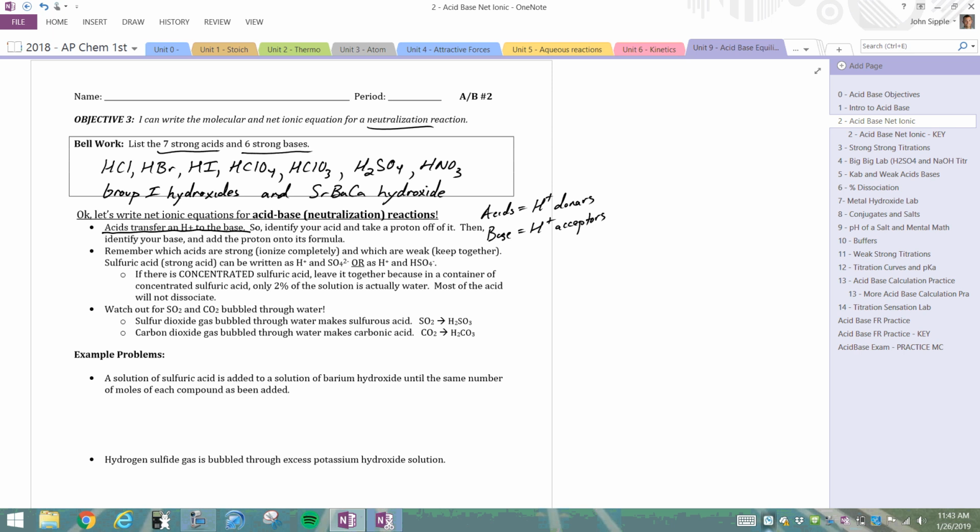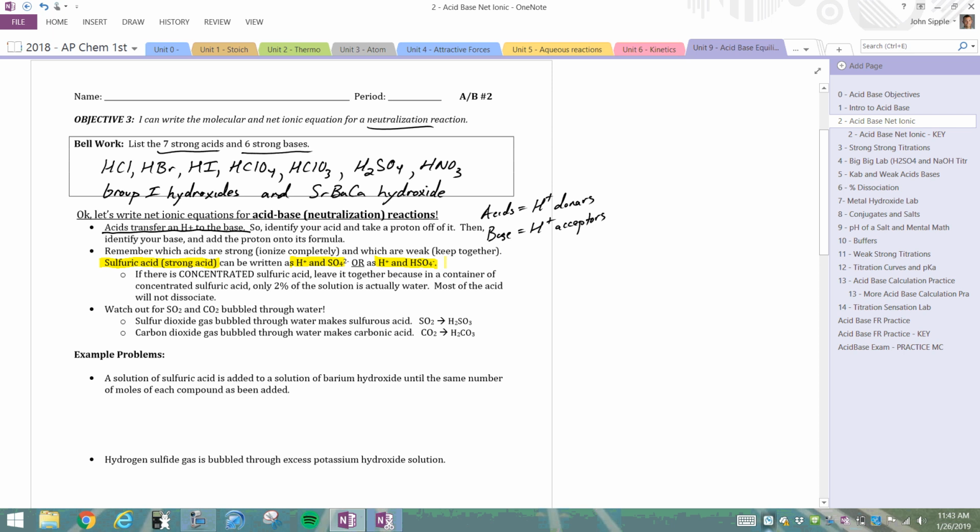Remember that the strong acids will completely ionize in solution, but weak ones, we will write together. So strong acids are going to break up into their ions, like sulfuric acid here will break up into H plus and SO4 2-, or H plus and HSO4 minus.